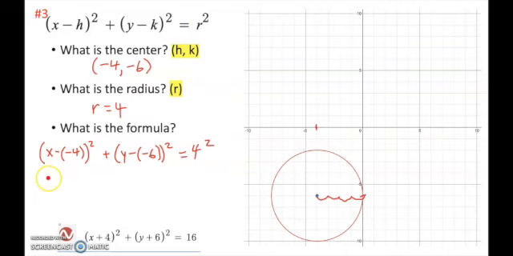Let's go ahead and rewrite this equation. X minus a -4, 2 negatives make a positive, so it's going to be x plus 4 squared, plus y minus -6 becomes y plus 6 squared is equal to 4 squared is 16. Therefore, we have our equation of our circle.